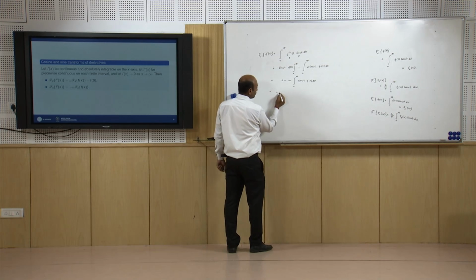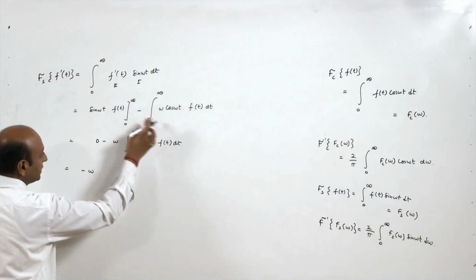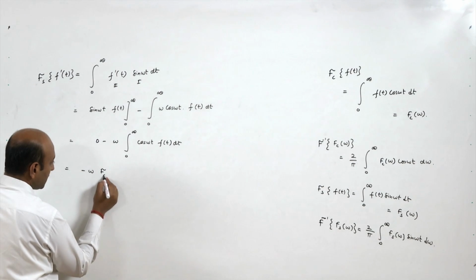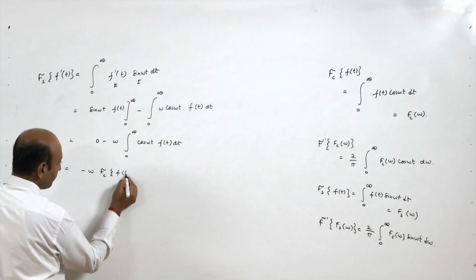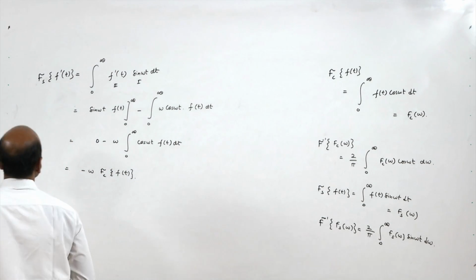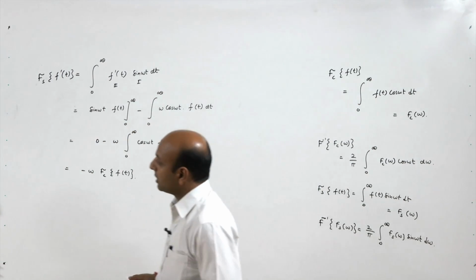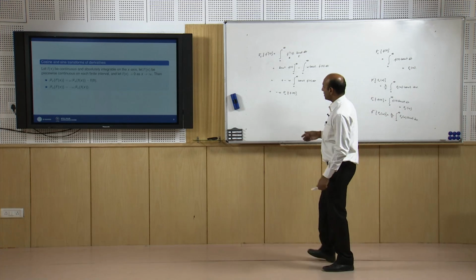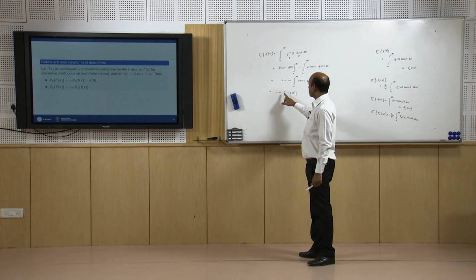So, this is minus omega times Fourier cosine transform of f t. This is how we can obtain the Fourier sine transform of the derivative, which is nothing but minus omega times Fourier cosine transform of f t.